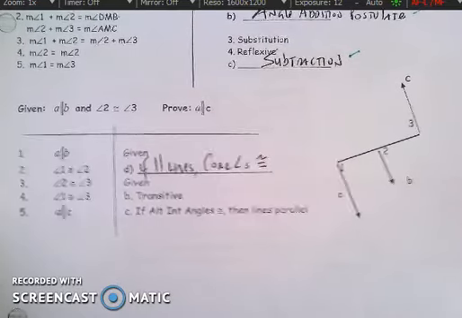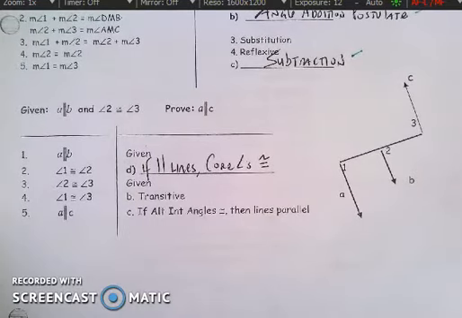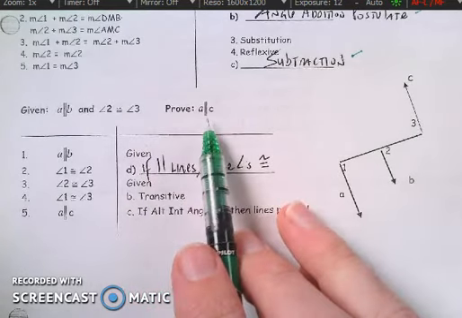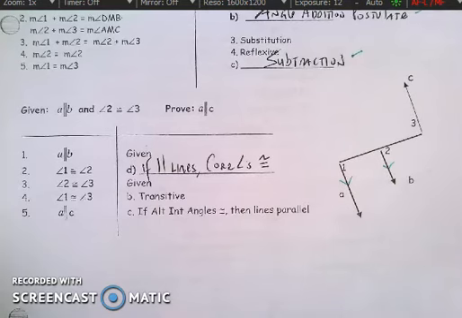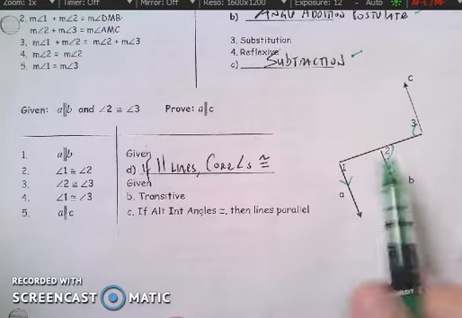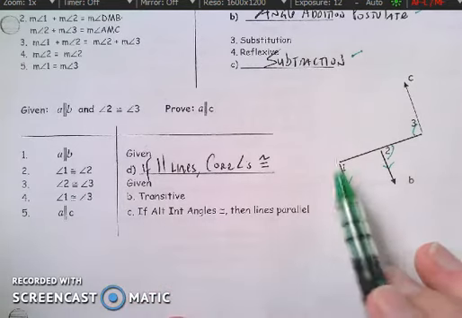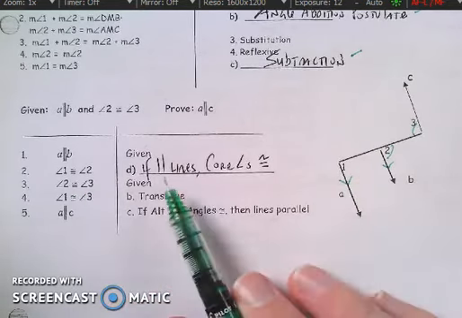Last but not least, A is parallel to B, and 2 and 3 are congruent. Prove that A is parallel to C. So we know A is parallel to B, and we know that 2 and 3 are congruent angles. Okay? So we're given that. 1 and 2 are congruent. We know that because if we have parallel lines, then corresponding angles are congruent.